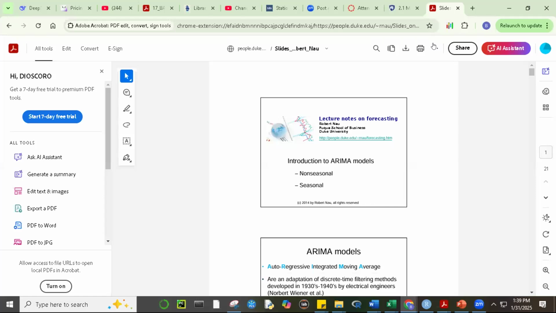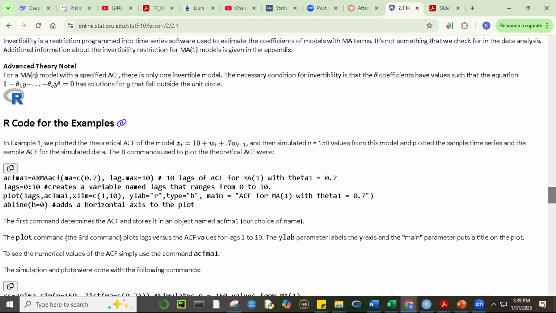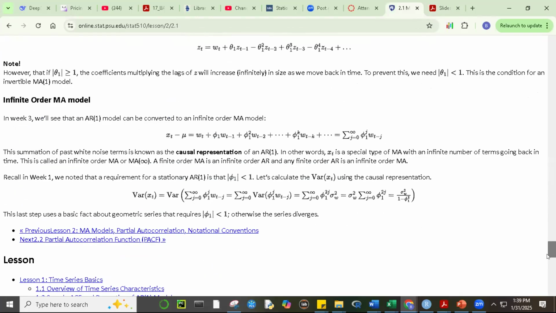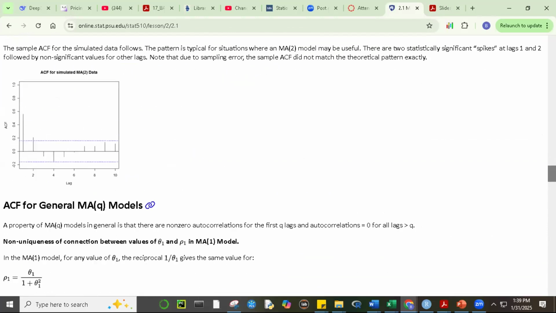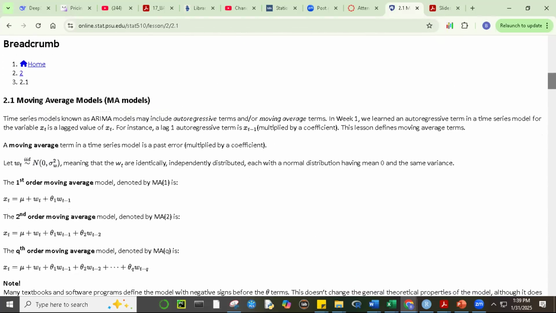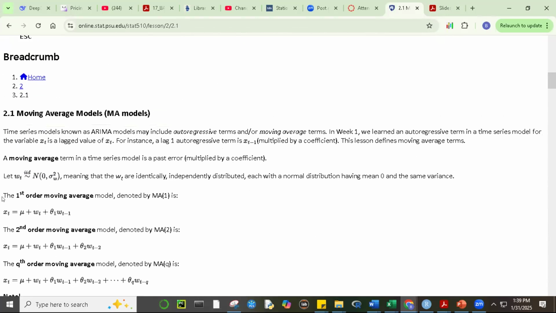Okay, wait, just for us to be precise in our language. You can see here, class, we have a fifth order autoregressive model for your AR(p).